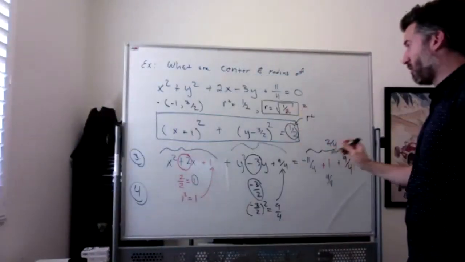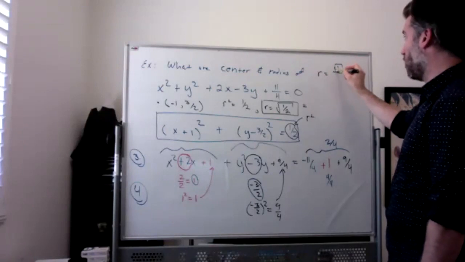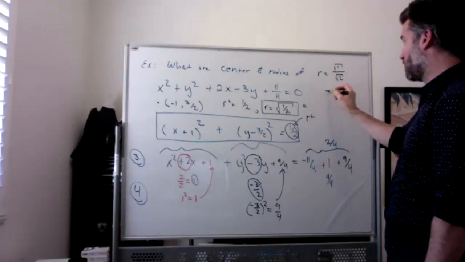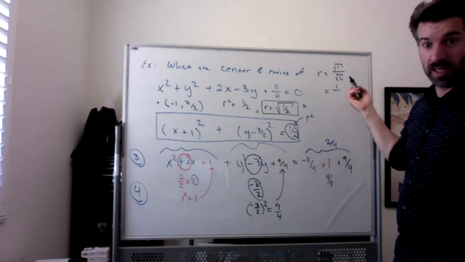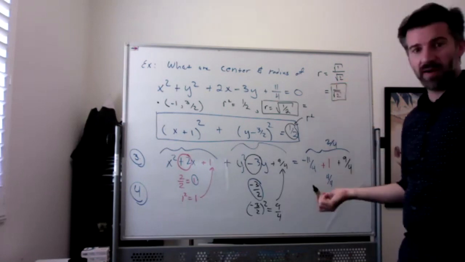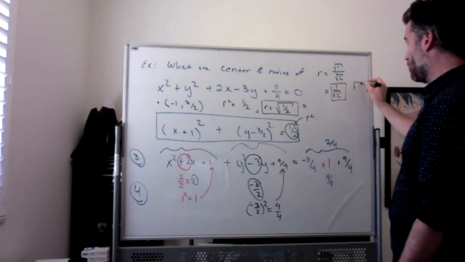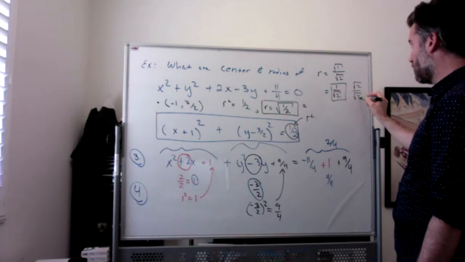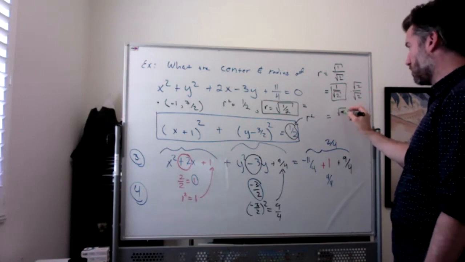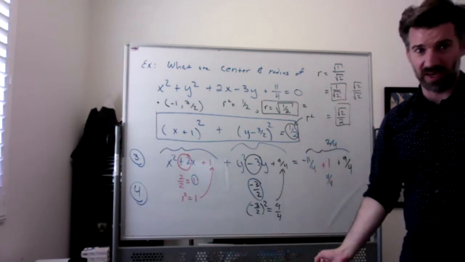If you take a square root of a fraction, it could really be the square root of 1 over the square root of 2, which we could write as 1 over the square root of 2. That would probably be fine. You could also rationalize that and multiply it by √2 over √2 to get √2 over 2. There's probably 3 perfectly good ways of writing the radius.